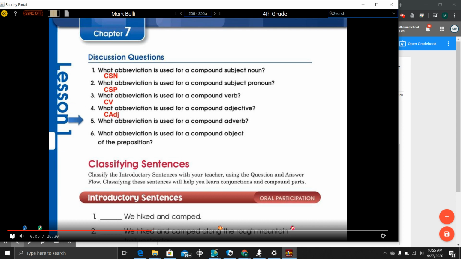Question 5. What abbreviation is used for a compound adverb? Getting the hang of this? The answer, capital C, ADV. Question 6. What abbreviation is used for a compound object of the preposition? The answer, capital C, OP.